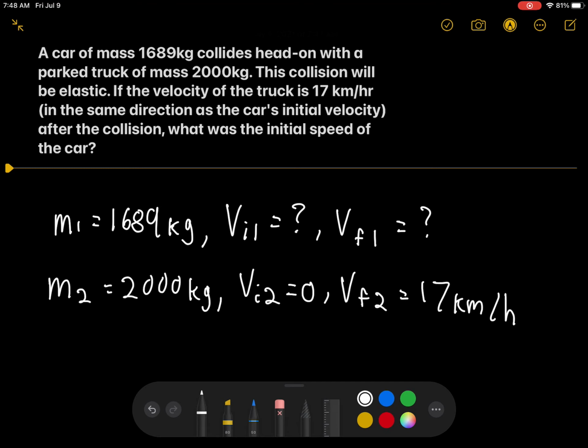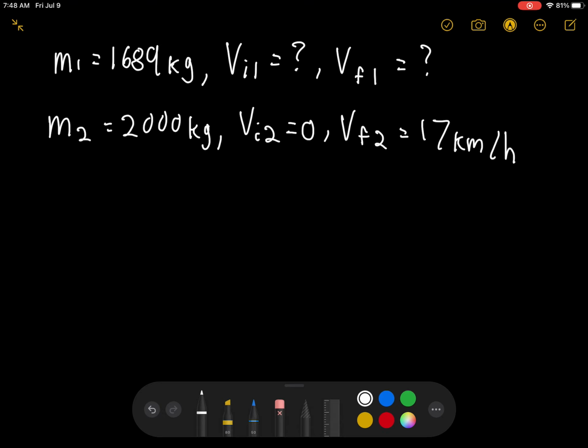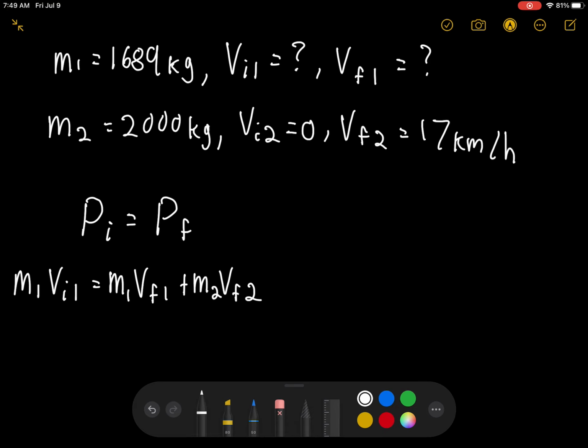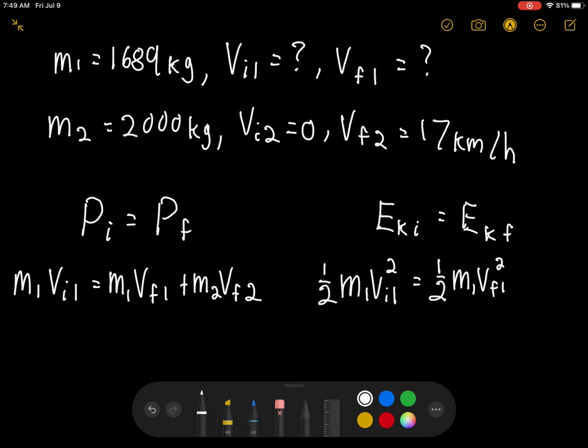Okay, well, let's start using some of these conservation equations, and let's see what we can do with them. Let's start off with the momentum. Now let's do the kinetic energy. Okay, we have both of our equations that we need to solve this problem.